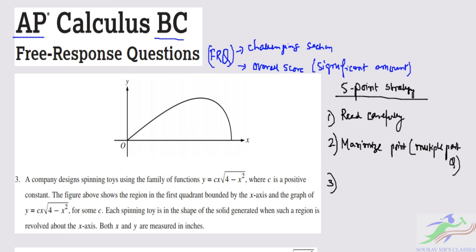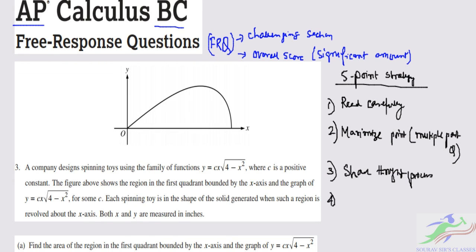Point number 3, you share your thought process, what you are thinking about the problem and what your approach is in solving it. Point number 4, your approach should not contain any complicated terms, it should be clear and concise, which requires a lot of practice. And the fifth strategy is the usage of proper penmanship.